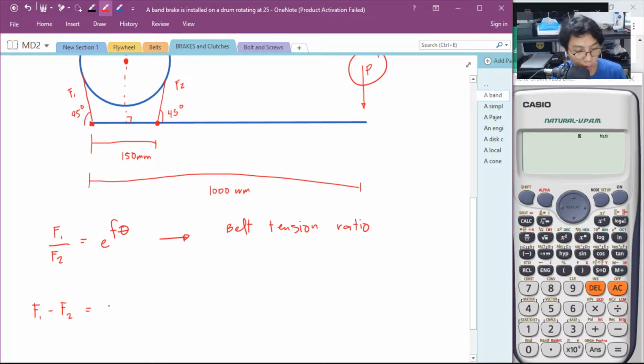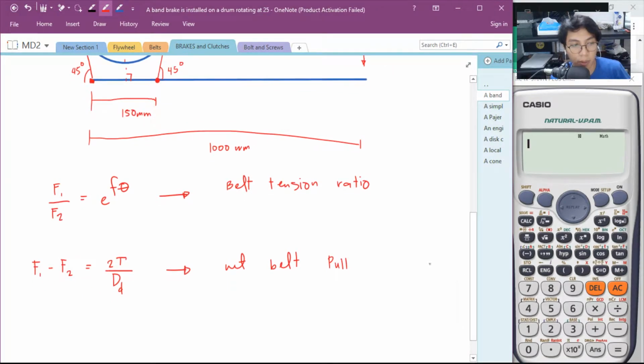That is equal to 2T over the diameter of the drum. Diameter of the drum yan, ha. This is the net belt pull. Kunin ko lang yung notes. Tama yan. Net belt pull.